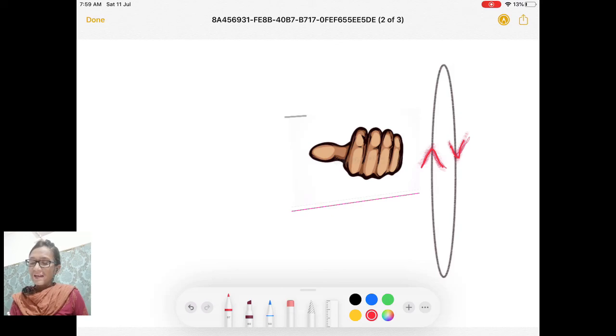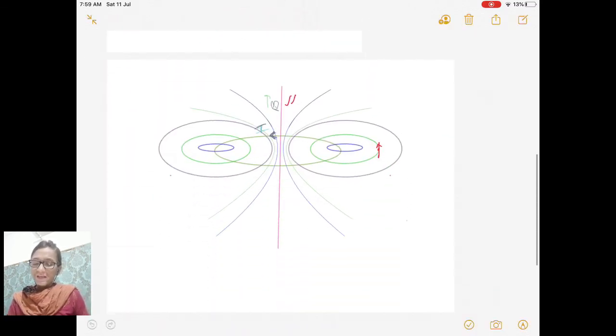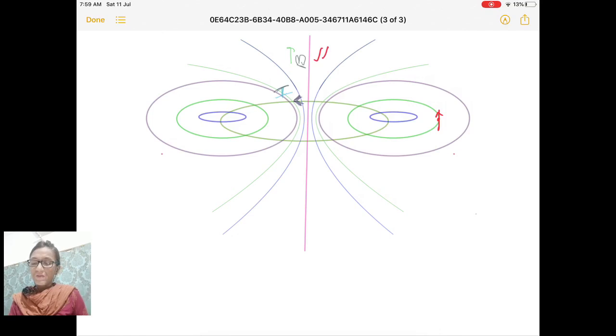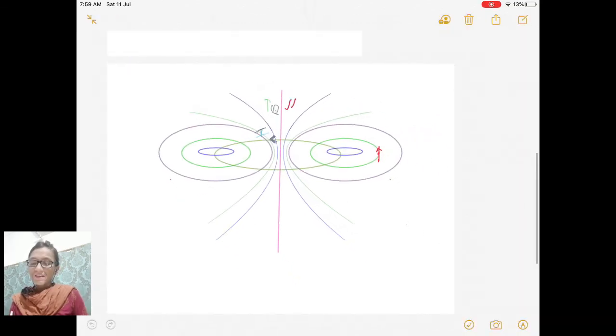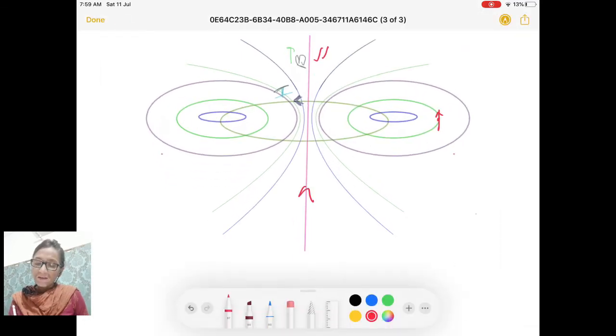As per the right hand thumb rule, the thumb is pointing in the direction of the magnetic field, and that is along the negative x-axis. So using these two, you can find the magnetic field of a straight current carrying conductor. These are magnetic field lines, giving the magnetic field at each and every point. Here the magnetic field is in the upward direction as per the right hand thumb rule.